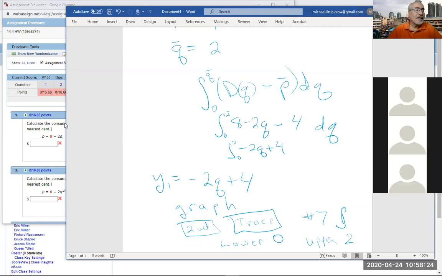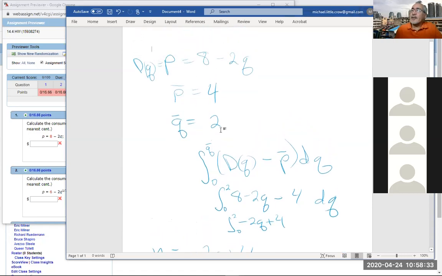So I have a question. How do you find the Q bar? For Q bar, we were doing the graph. It's really where this value of 4 intersects this graph. So you could do it by hand simply by taking 8 minus 2Q equals 4. Or the other way, graphically, is you graph both of them and find the intersection. But here, watch, we'll subtract 8 from both sides.